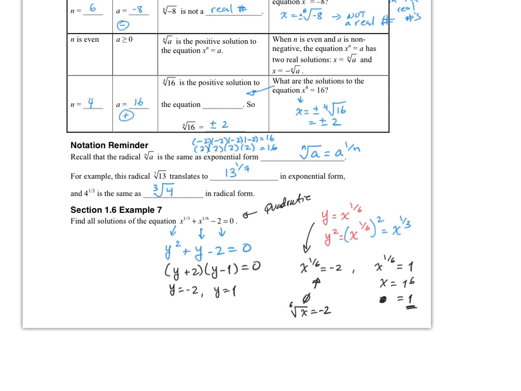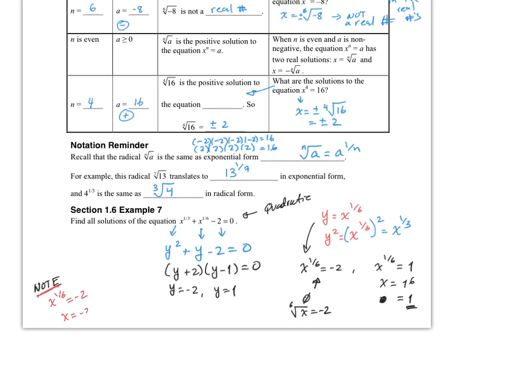1. Here you have to be very careful because, note, this is a very common mistake and is related to this table where things are even or odd. A very common mistake people make is this. They say x to the 1/6 is equal to negative 2.